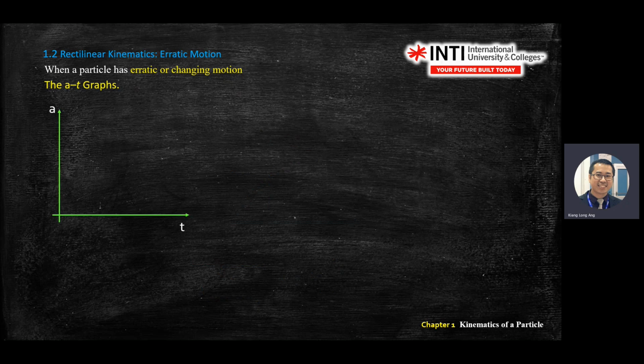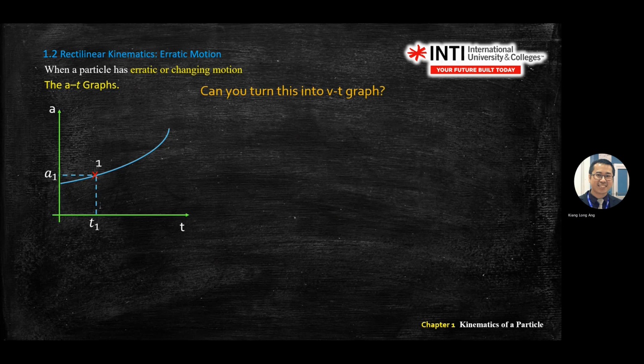Third one, the AT graph. Let's say you have a logarithm or exponential curve. You pick this point, T1, acceleration 1. We can reverse this back to VT by using the definition A equal to dV over dt.